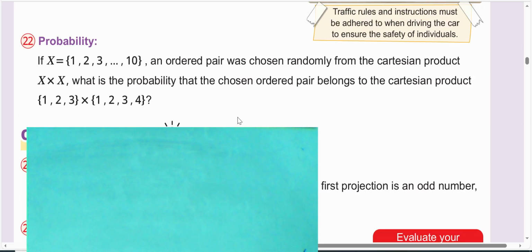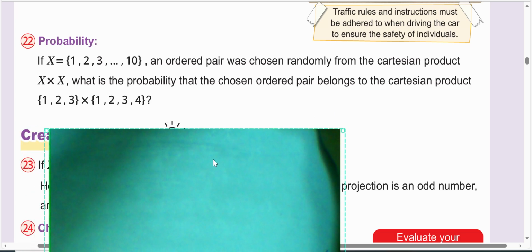Probability: we have x and x Cartesian y. We have an ordered pair chosen randomly from the Cartesian product x by x. What's the probability that the chosen ordered pair belongs to the Cartesian product? Here he wants to find the probability.